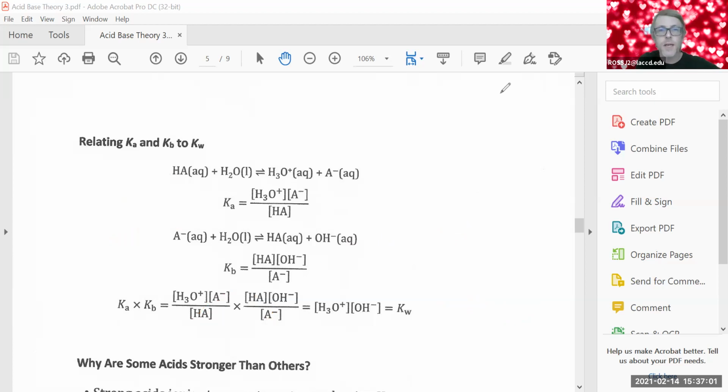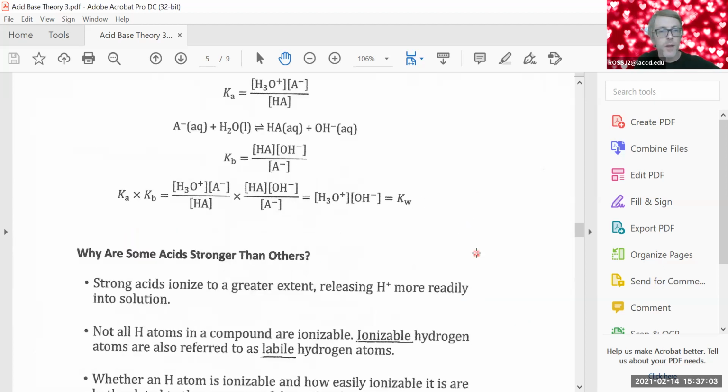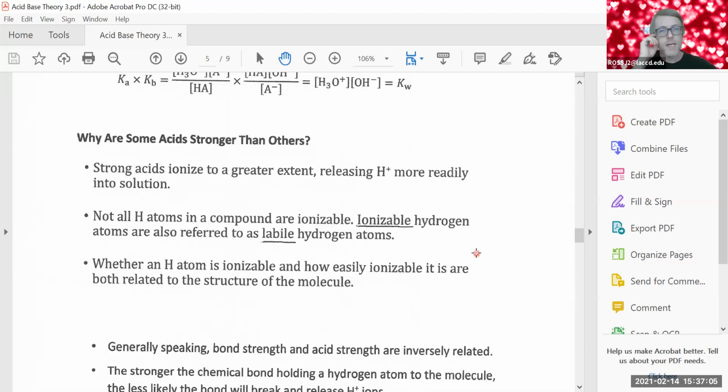So we've seen that in a previous video. Why are some acids stronger than others? Well, definitely some acids have a more stable conjugate base than others, and all the other reasons we've elicited so far. But there are some reasons we haven't elicited, or some features.